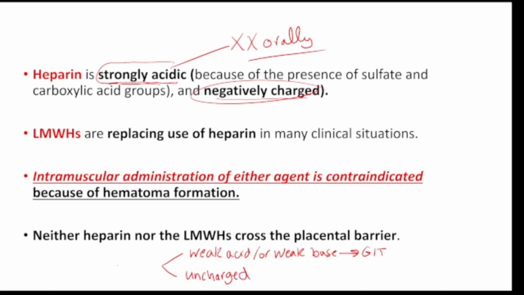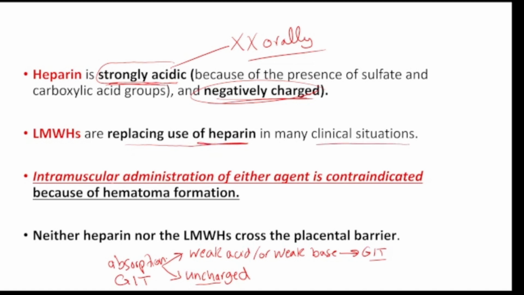So we are talking about absorption: any medication needs to be absorbed from the GI system, with simple conditions: weak acid or weak base, and uncharged. If you look at heparin, it is strongly acidic and negatively charged. Low molecular weight heparin has mainly replaced the use of heparin in the clinical setting.